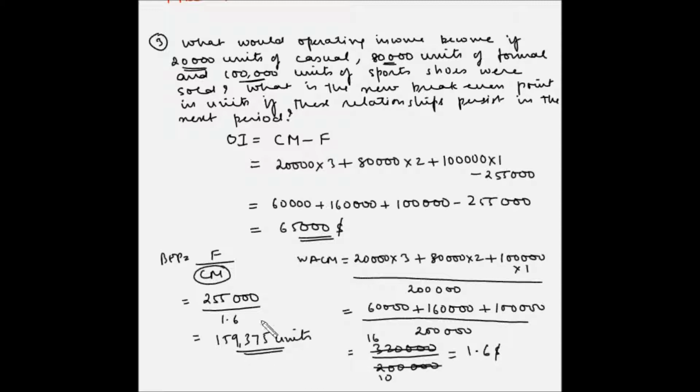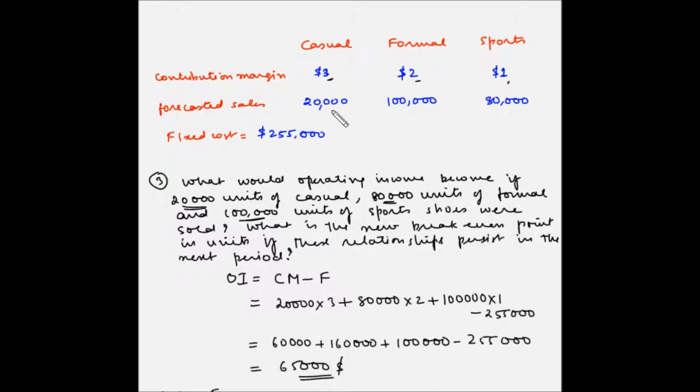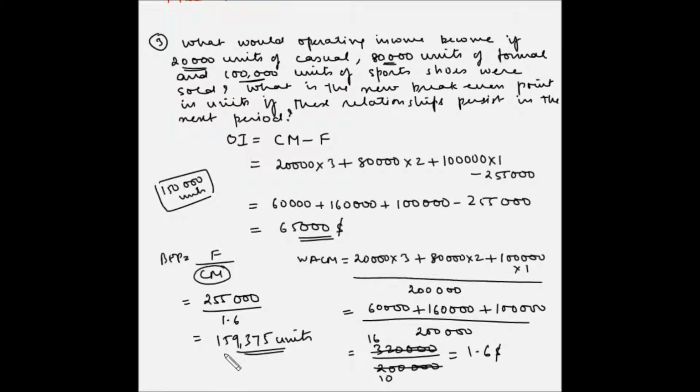Now the break-even point with the original sales mix of 20,000, 100,000 and 80,000 was 150,000 units. So here the break-even point has increased by 9,375 units.